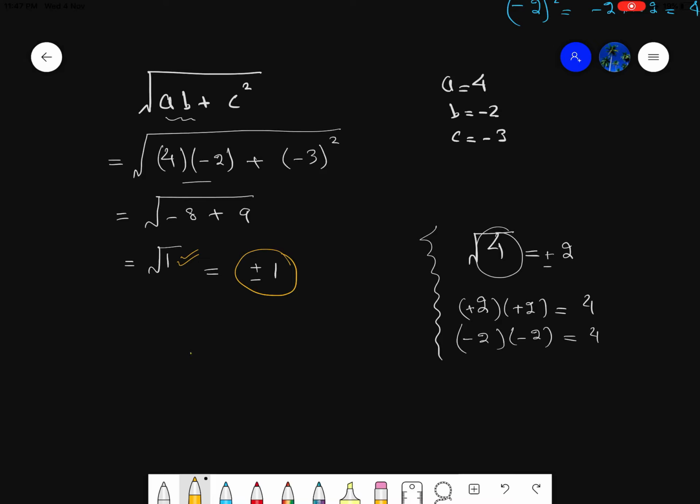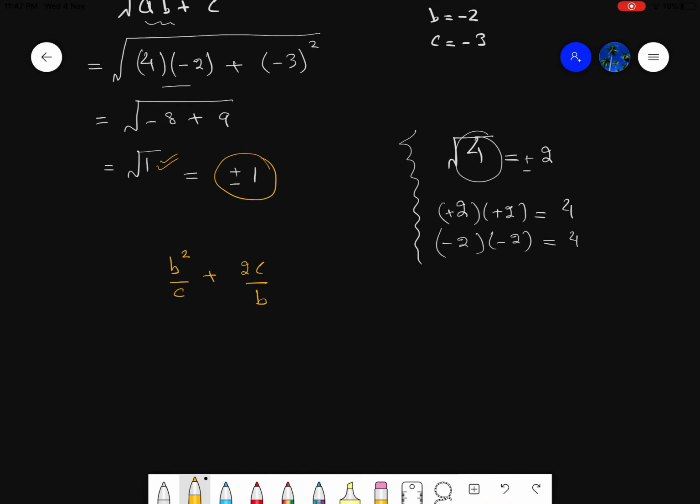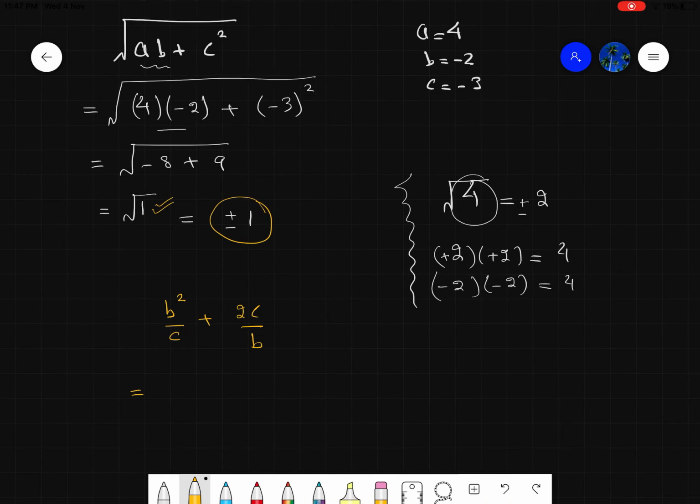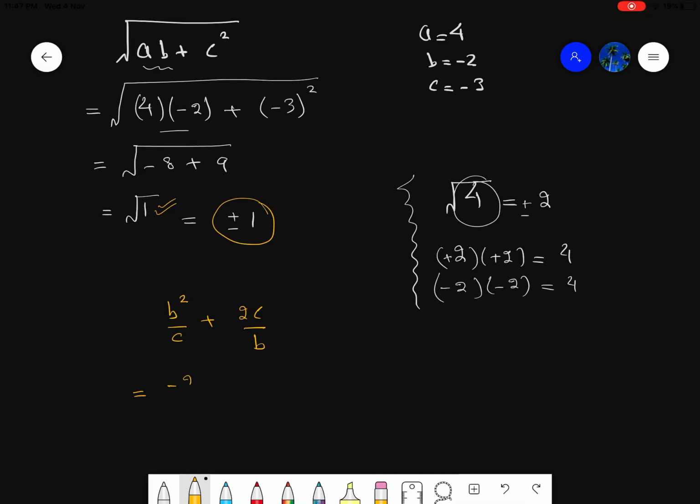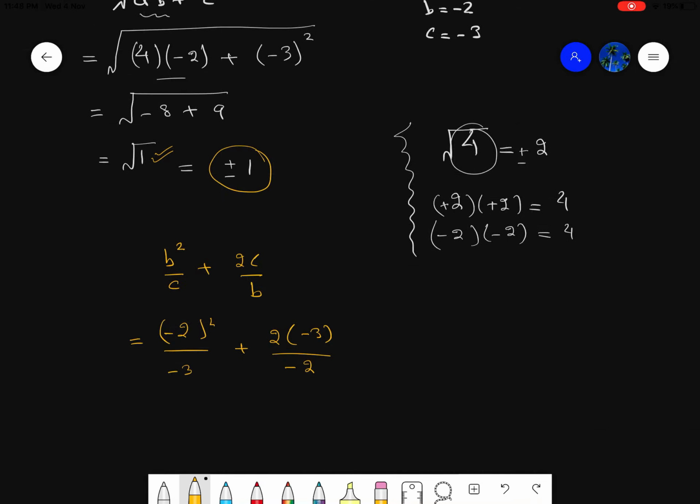Okay. Similarly, let's have another question here. b square over c plus 2c over b. Using the same values, b is minus 2, so b square is minus 2 square over c. c is minus 3, and plus 2c, 2 into minus 3, divided by b, which is minus 2.